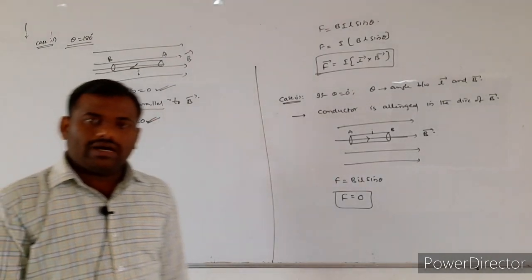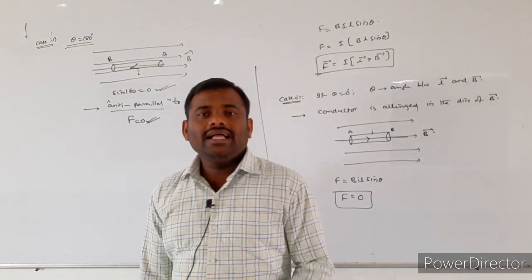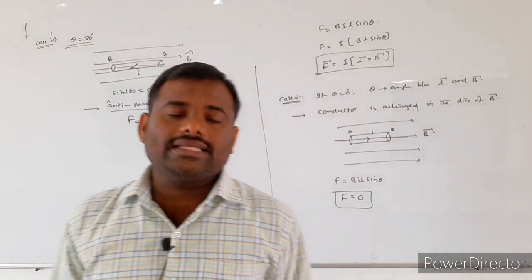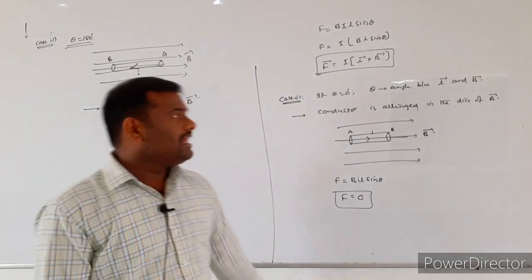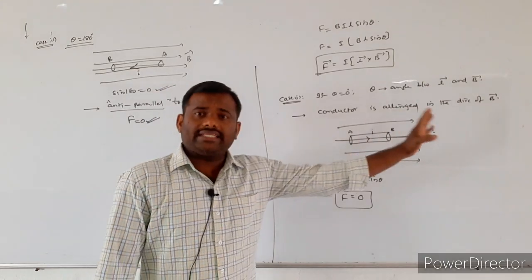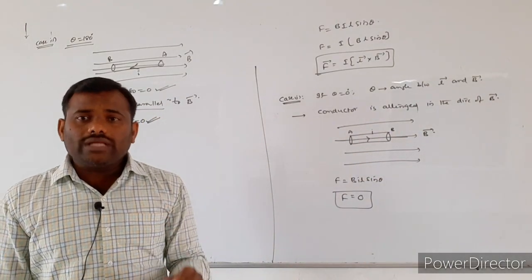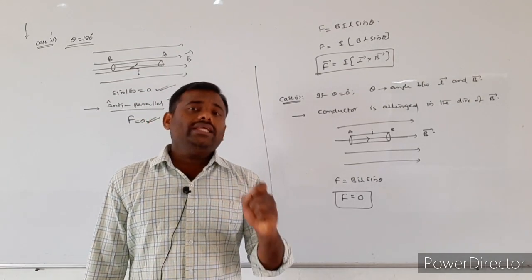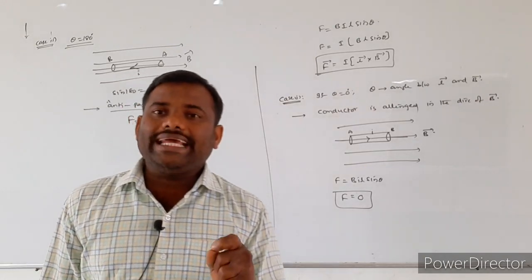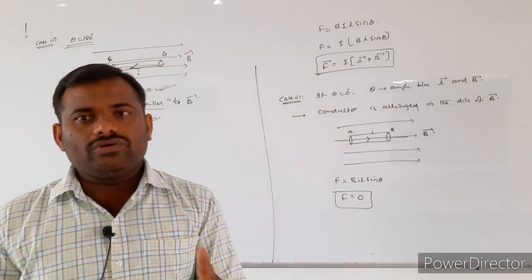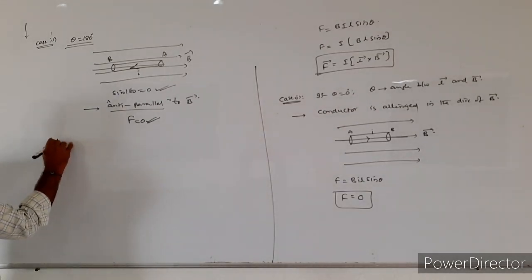That means the current carrying conductor does not experience any magnetic force either when it is aligned in the direction of the magnetic field or when it is aligned opposite to the direction of the magnetic field. In these two cases, the conductor does not experience any magnetic force. Now, coming to case 3.